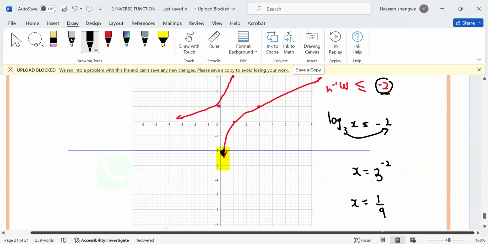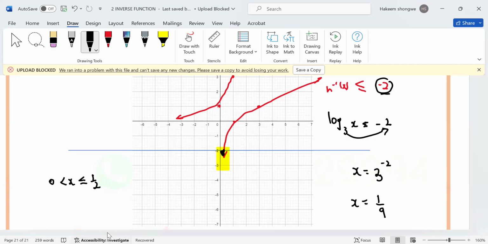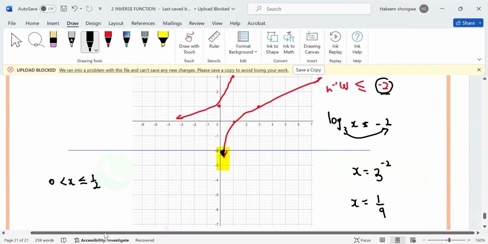We start from x is 0. Then x is going to be greater than 0, but x is going to be less than or equal to 1 all over 9.